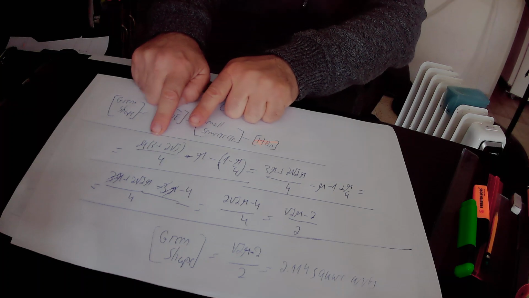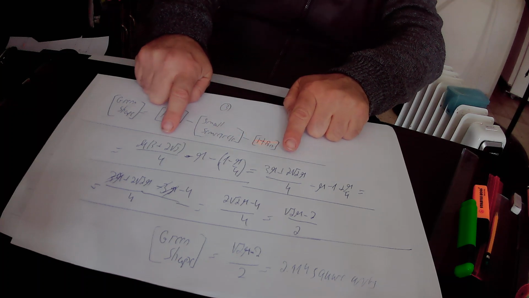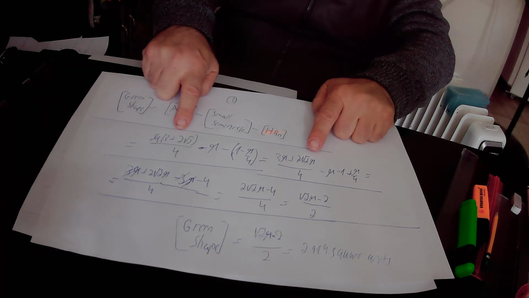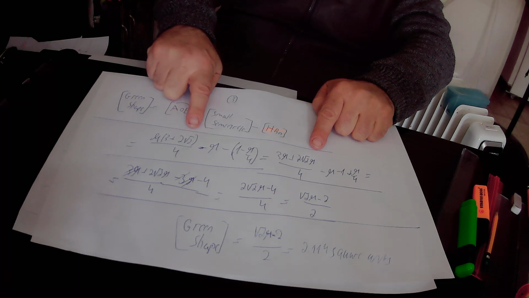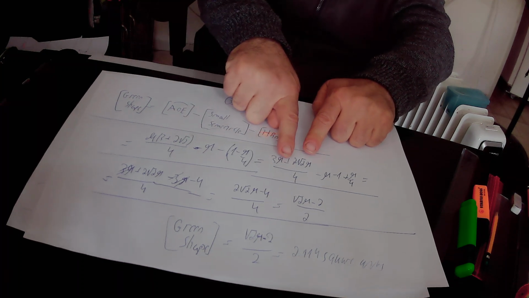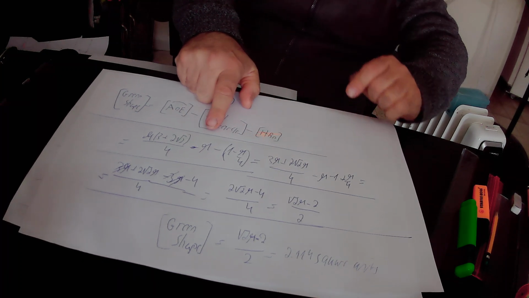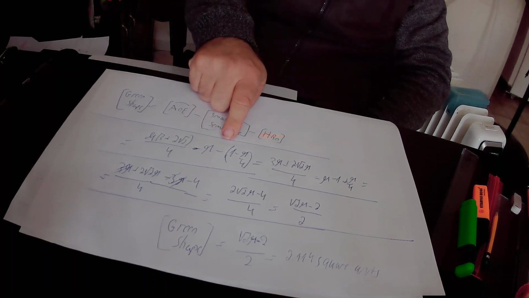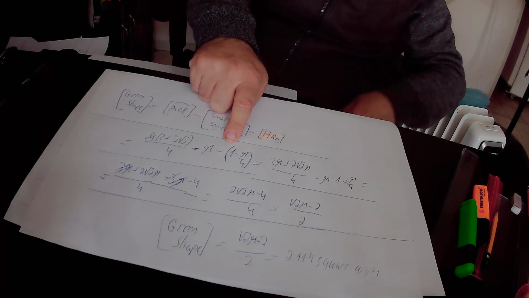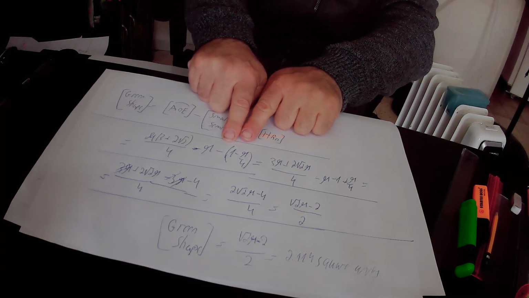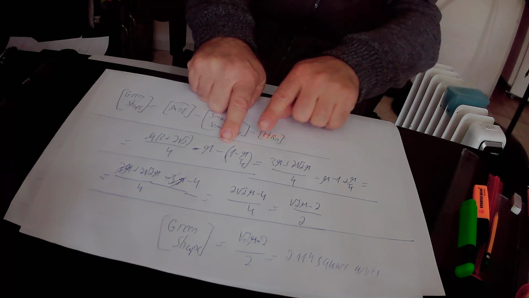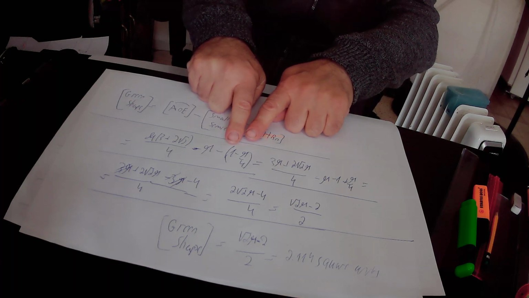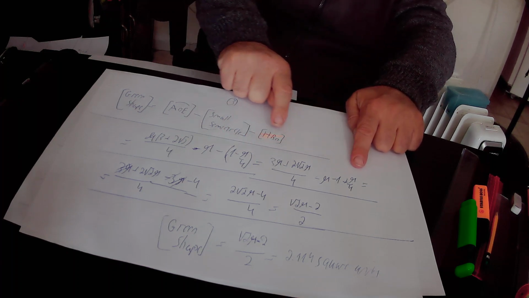Pi times 3 is 3 pi, plus pi times 2 times root of 2 is 2 times root of 2 times pi divided by 4. And we have here minus pi, here minus pi, and we open the brackets here. We have minus before the brackets, so after we open the brackets this expression will be equal to minus 1, and minus times minus is plus. So in total, it will be equal to minus 1 plus pi over 4.